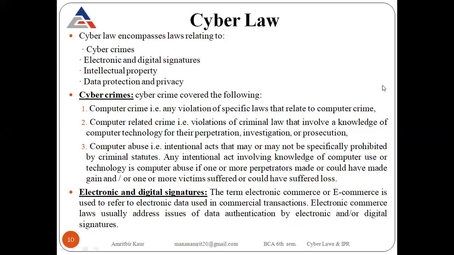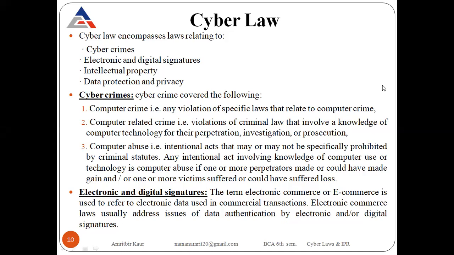Then electronic and digital signature. The term electronic commerce or e-commerce is used to refer to electronic data used in commercial transactions. Electronic commerce law usually addresses issues of data authentication by electronic and digital signature. For example, we buy anything online, so we prefer online payment.